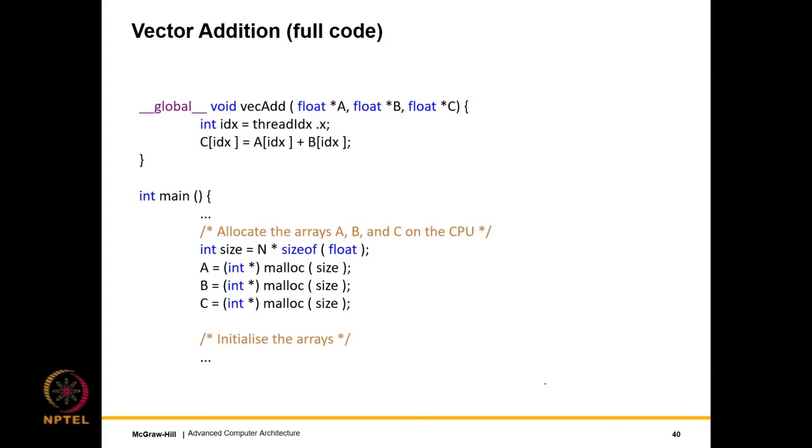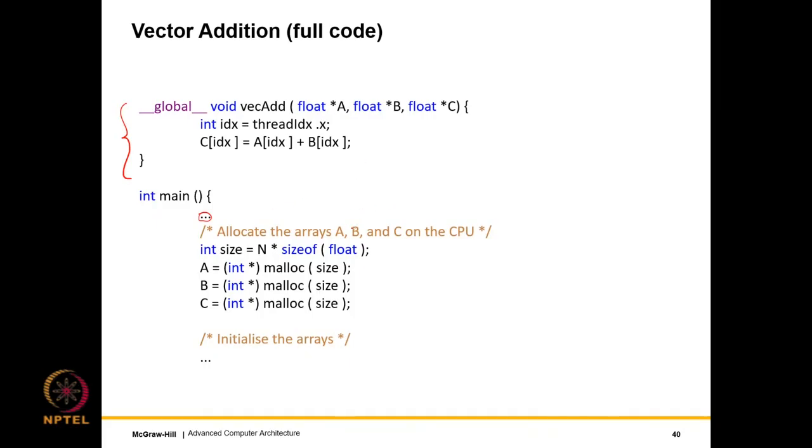So let us now look at the full code for vector addition. We have already seen the kernel over here where we take the arrays and we add them. Given that I've seen this, I'm not discussing this. But in the main function, I will still have these three dots, but I'll show you more.